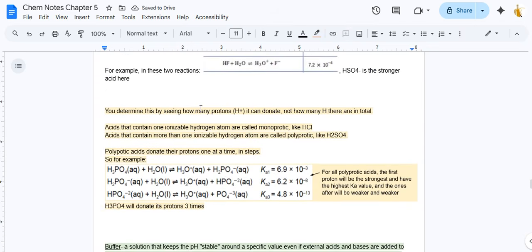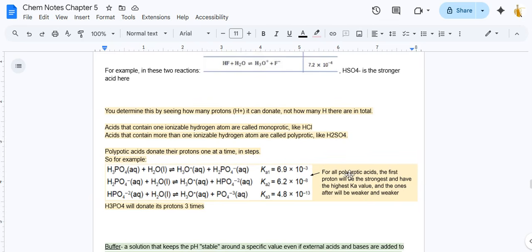And polyprotic acids donate their protons one at a time in steps. So it donates one H to water, forming that, and then this donates another H to water, forming that, and then that donates another H to water, forming that. And so it donates its protons 3 times.